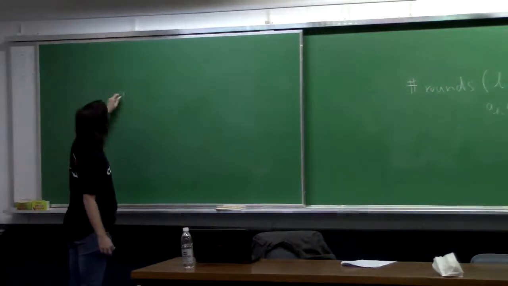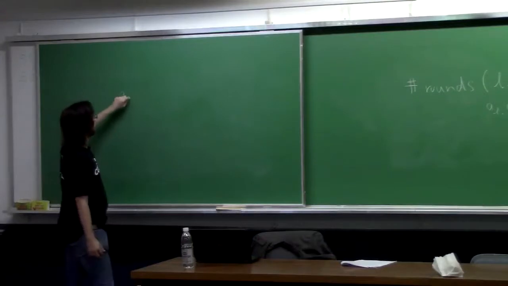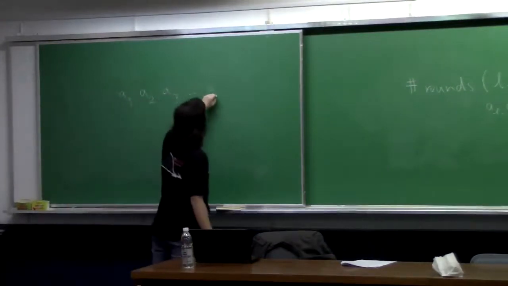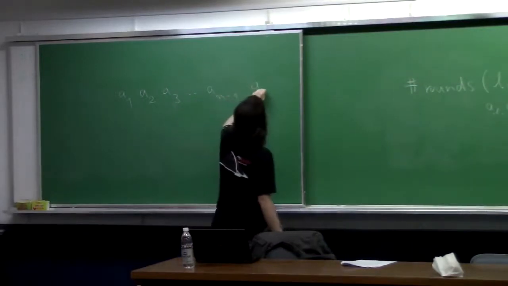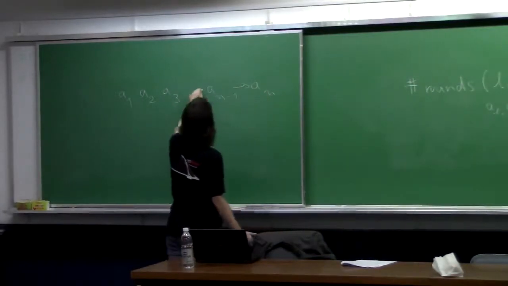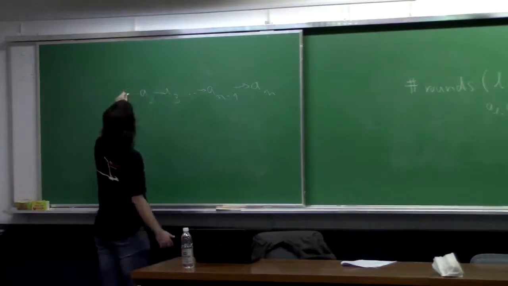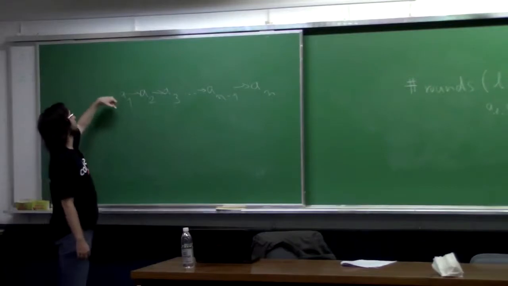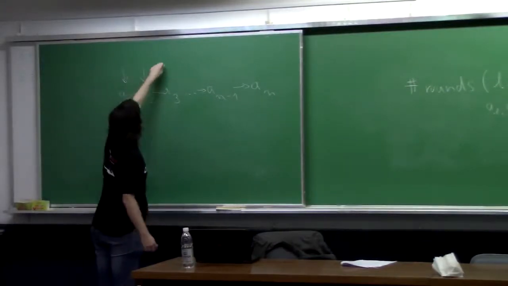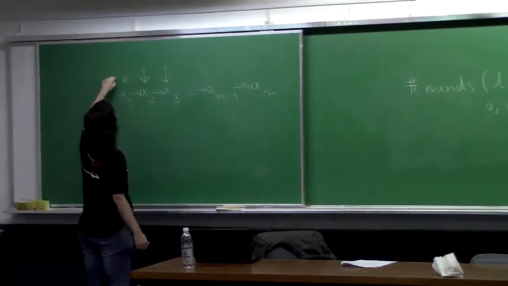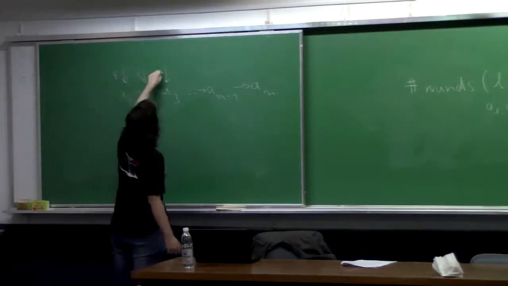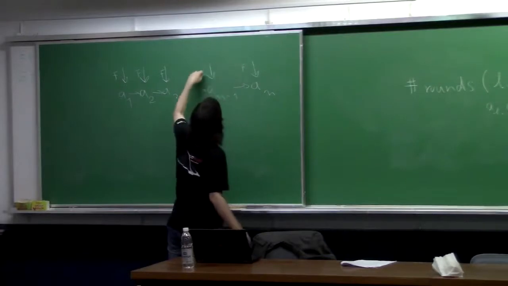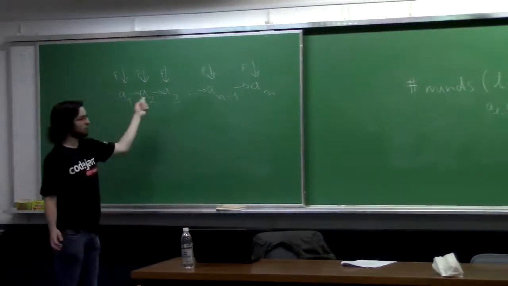So we have a pond with capacity A1, then a pond with capacity A2, etc., up to A(n-1), An, and I'll draw arrows between them, because what happens is that we start pouring water into each pond at a flow rate of some f per second, or f per unit time. This f is the same for all ponds.